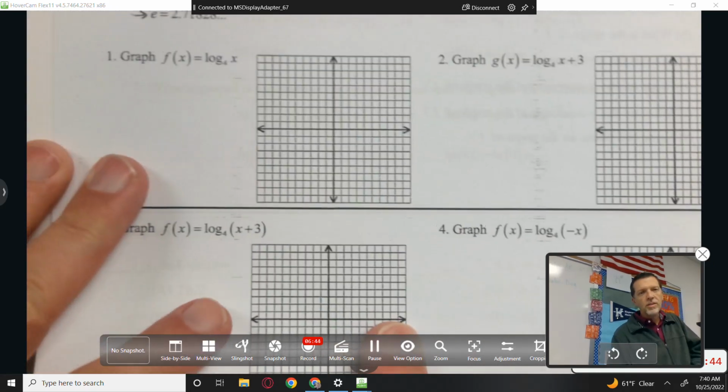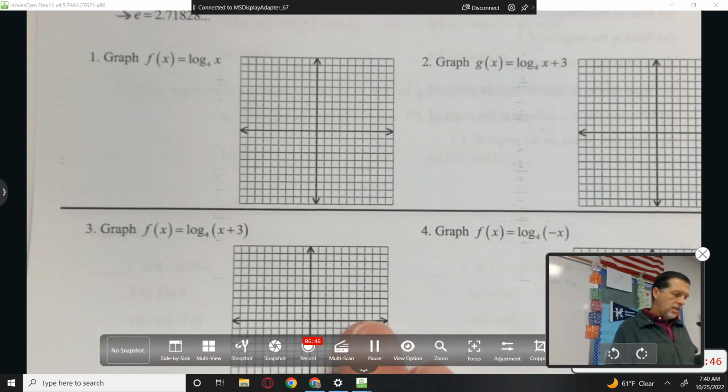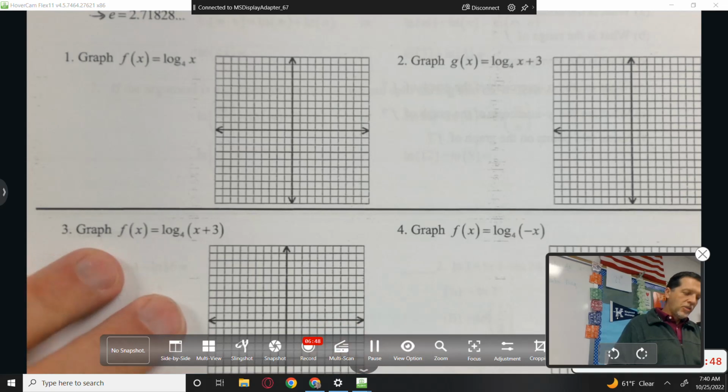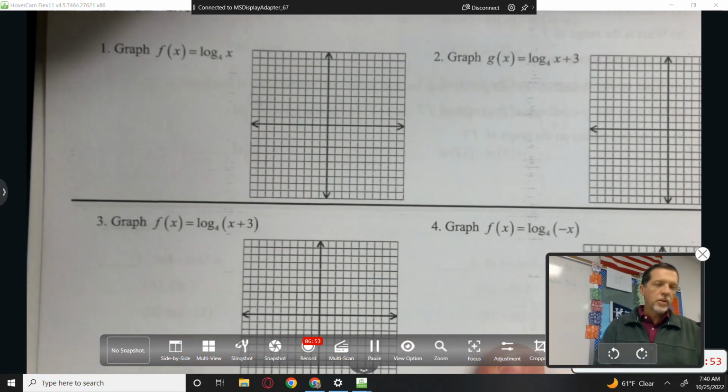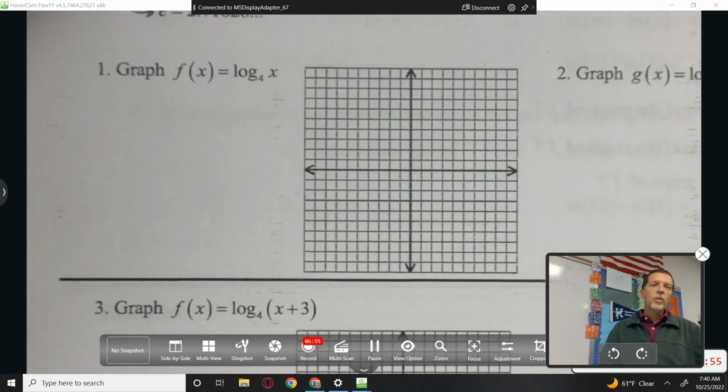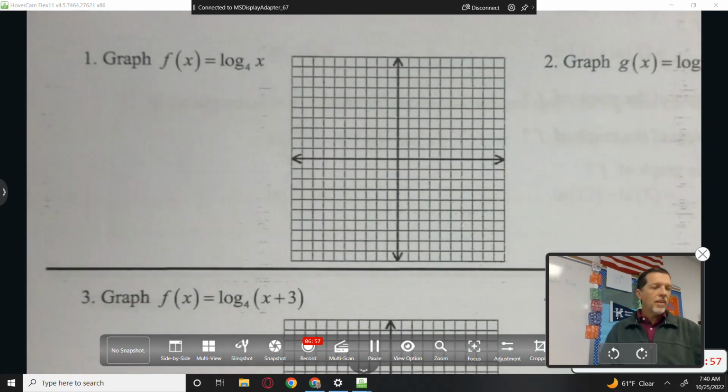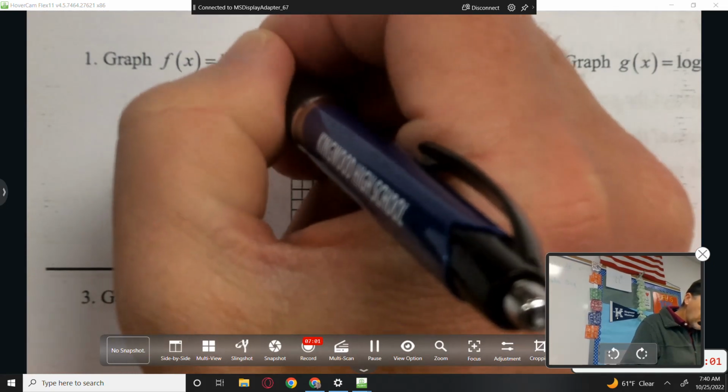All right, number 1, some graphs. Now, we just got through saying we don't really like dealing with logs. We'd rather deal with exponents. And so what I'm going to do is, instead of graph a log, I'm going to graph an exponent. So I start with the base.